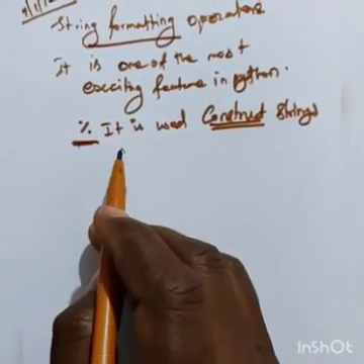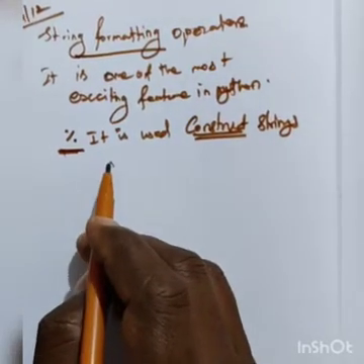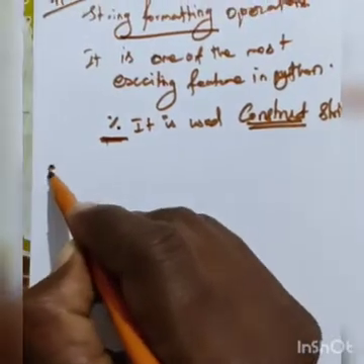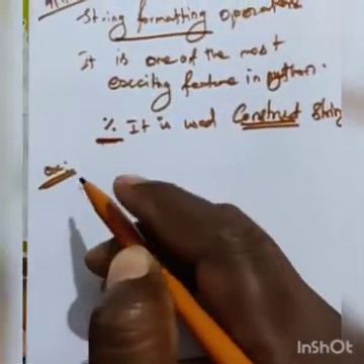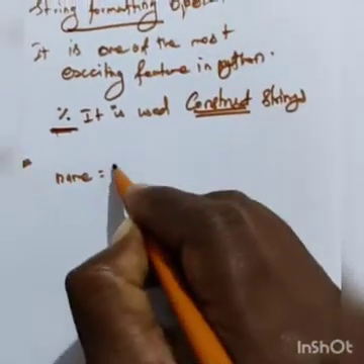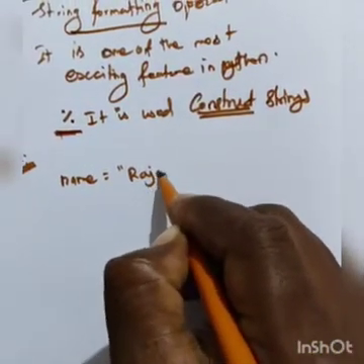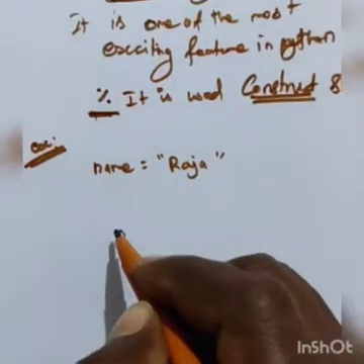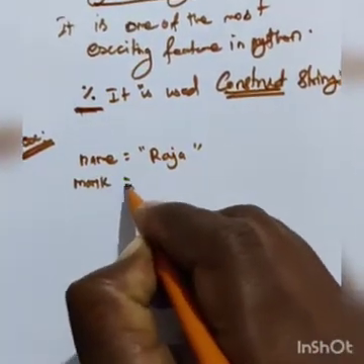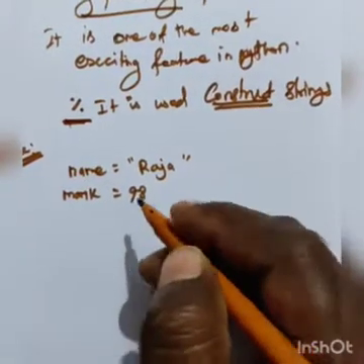Sir, how do we do this? I will give an example. Clearly you can see name is equal to Raja, in double quotation. Then mark is equal to 98.